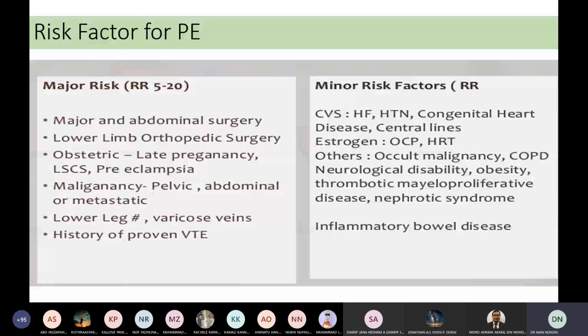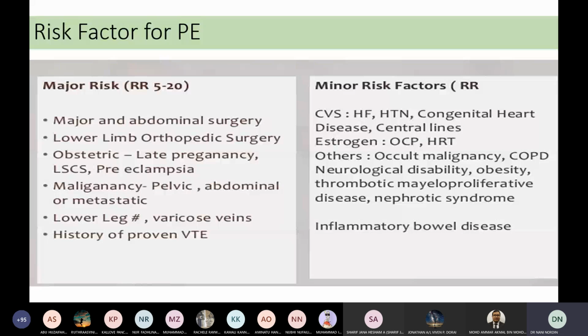So the longer you stay in bed, the longer you are hospitalized, the higher your risk of thrombosis as well as embolism. So they usually need some kind of prophylaxis. Immobilization contributes to all these risk factors.